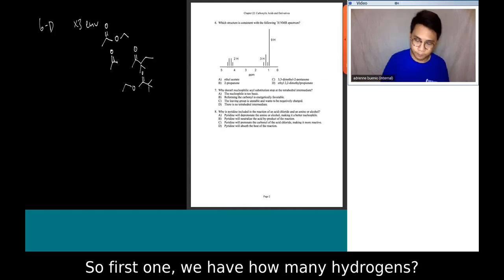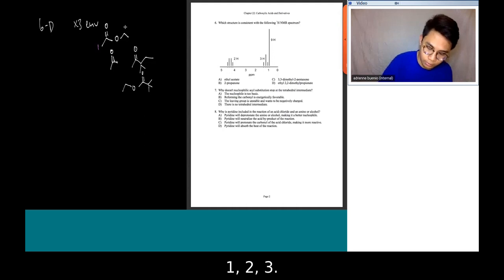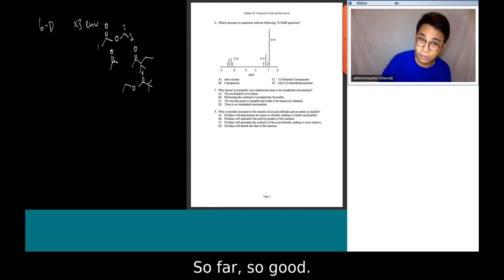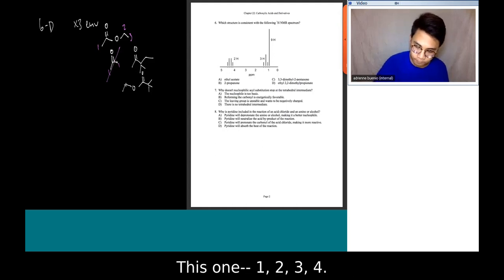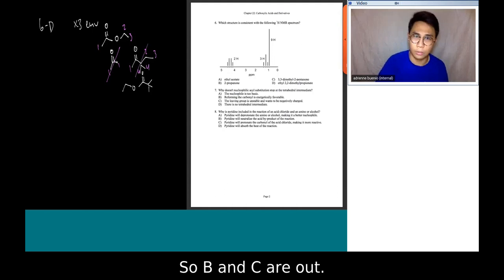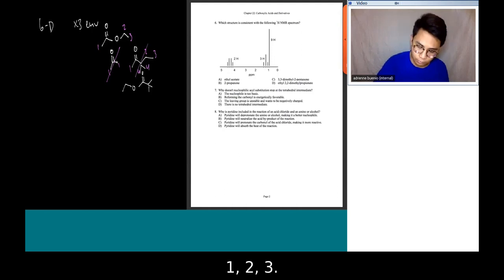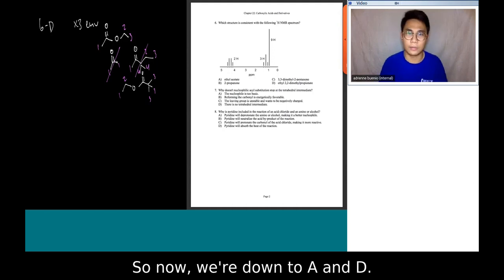First one, how many hydrogens? 1, 2, 3. So far, so good. This one, 1, so we can cross that out. This one, 1, 2, 3, 4. So this one's out. So B and C are out. 1, 2, 3. Now we're down to A and D.